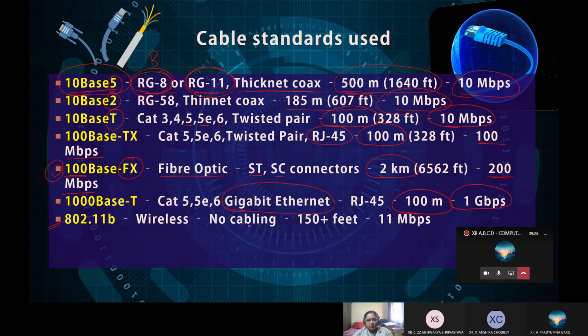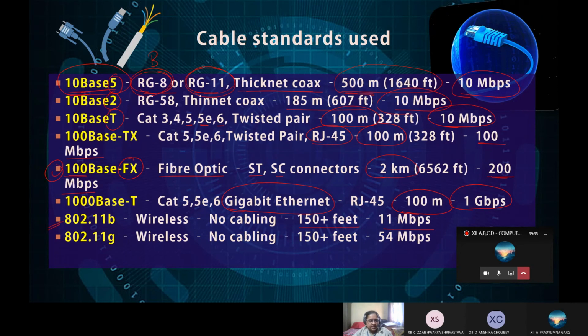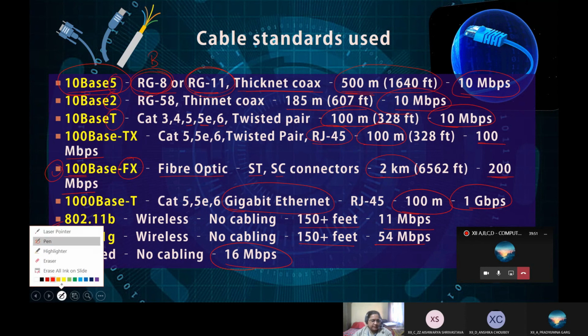So wireless, no cabling, 150 plus feet is the maximum segment length, and 11 Mbps is the speed. 802.11g wireless, no cabling, 150 plus feet, 54 Mbps, that is slightly more than 802.11b. And infrared, no cabling, that is 16 Mbps only, which is rarely used. So please make a note of these.